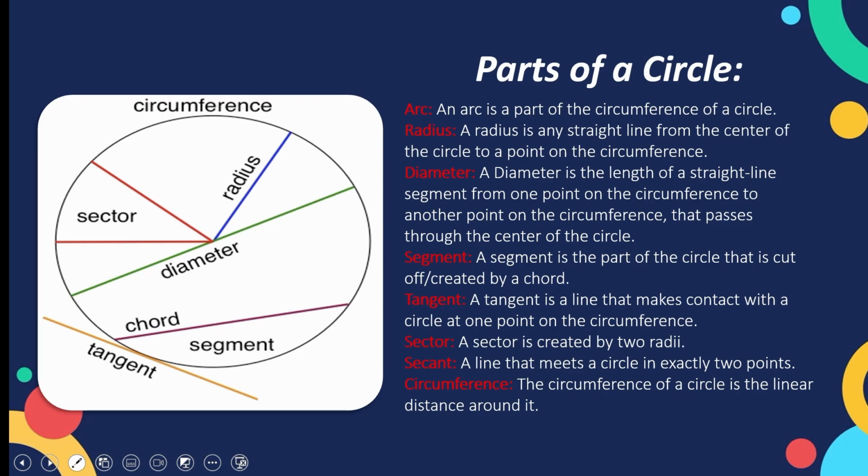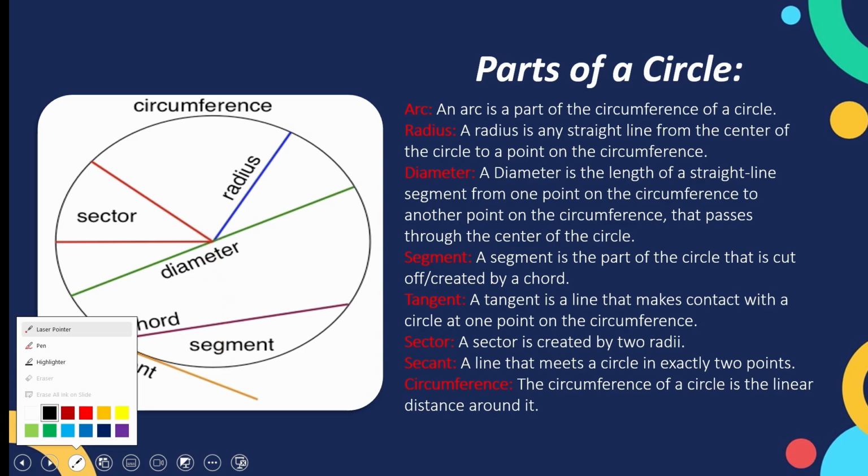Now we look at the diameter, and please be careful about this. The diameter is the length of a straight line segment from one point on the circumference to another point on the circumference that passes through the center of the circle. Please be aware, it is a straight line. In other words, you cannot go from the circumference to the center of the circle and then go off on a tangent down here.